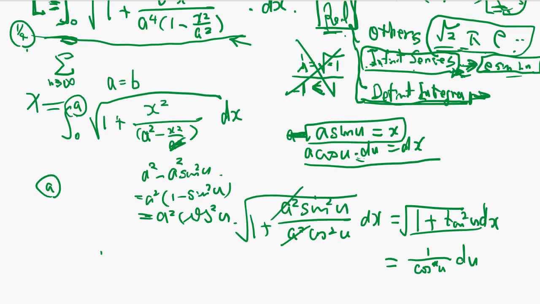So it's going to be cos squared. Oh, this is x still. So suppose this is u, cos u, dx.